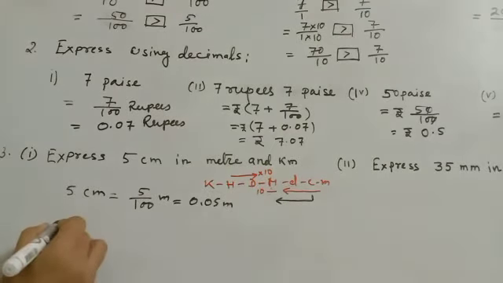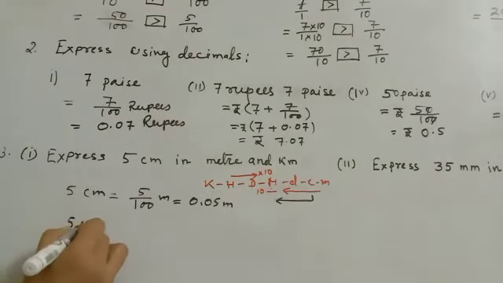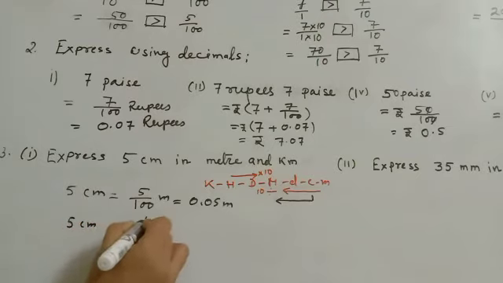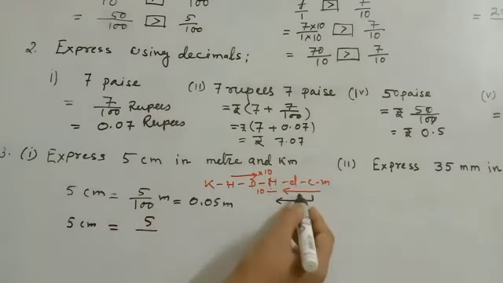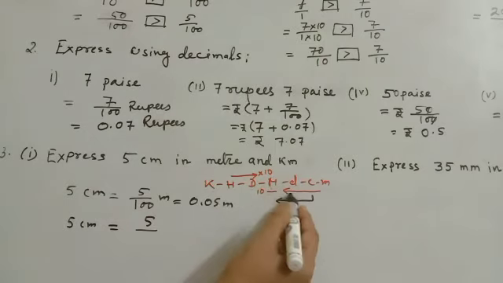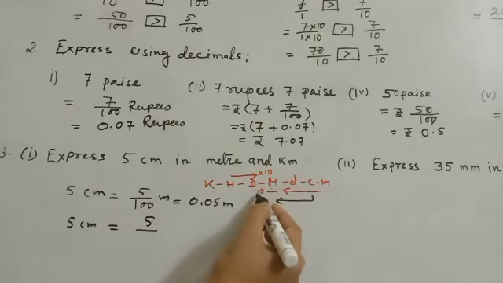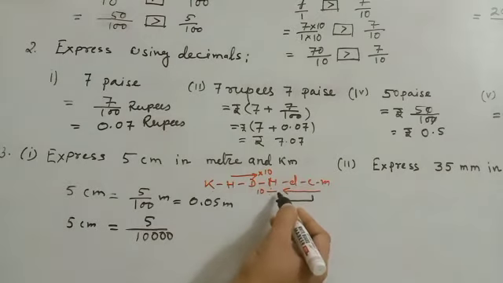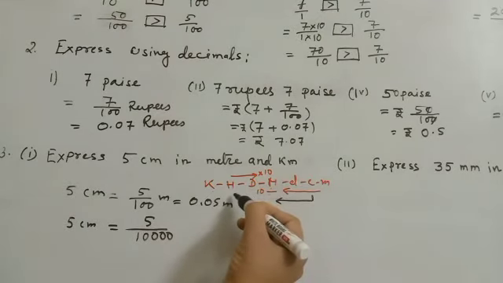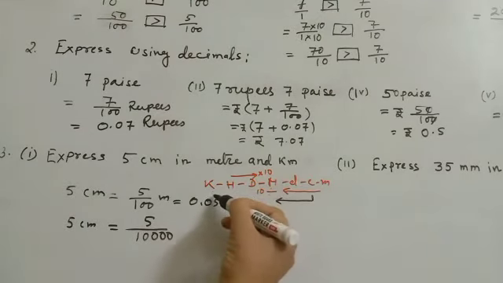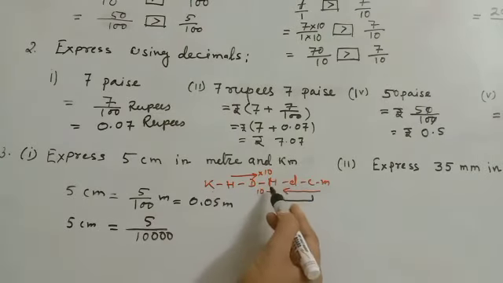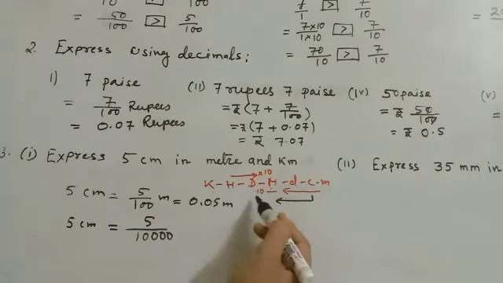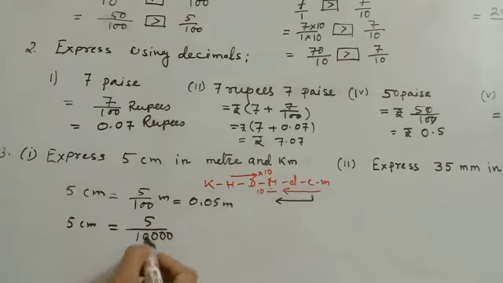So 5 centimeter to kilometer is 5 by 10,000. Why 10,000? 10, 100, 1000, 10,000, and here it is kilometer. How many 10 places you need to move? 10,000.